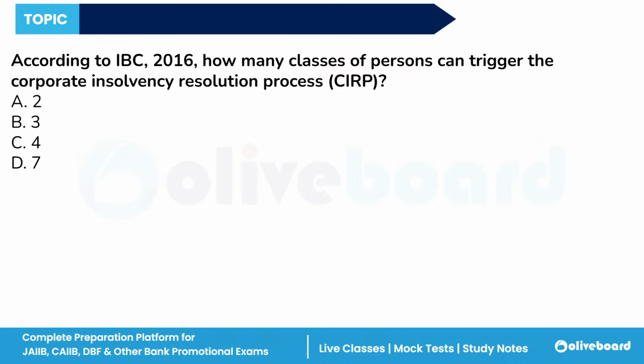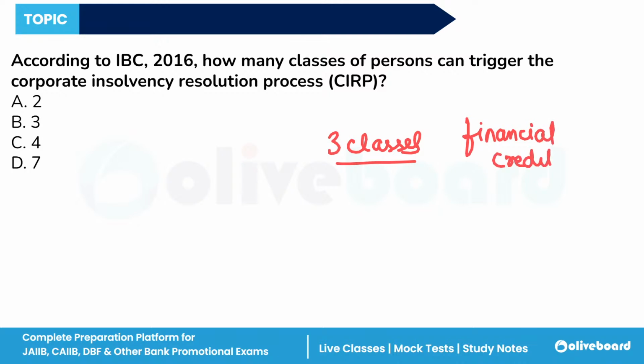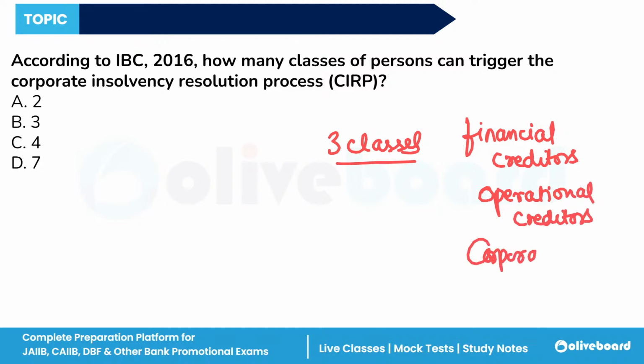See, this IBC basically sets out three classes of persons who can trigger the corporate insolvency resolution process: financial creditors, operational creditors, and corporate debtors. Okay.